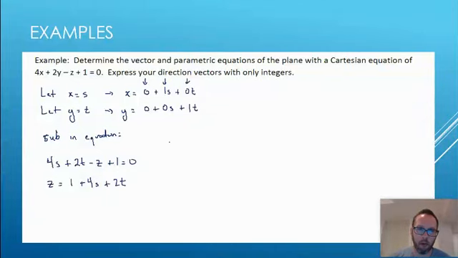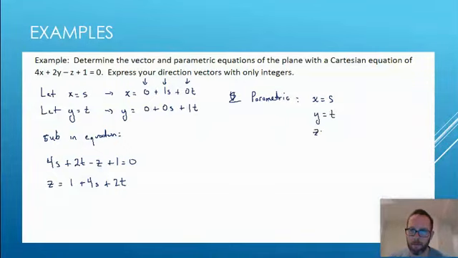And now we're done, guys. So I might rewrite our parametric equations off to the side here. I'll write x equals s, y equals t, and z equals 1 plus 4s plus 2t.